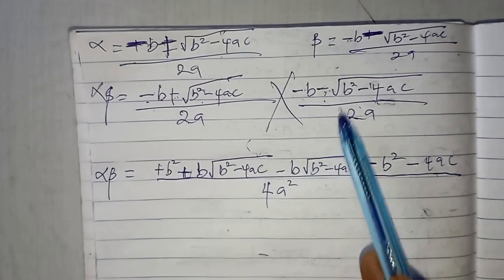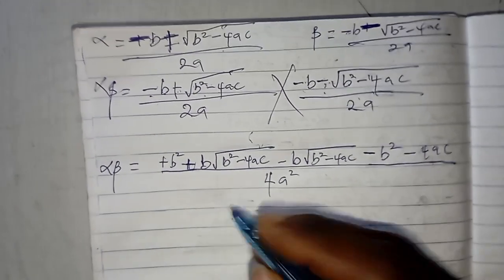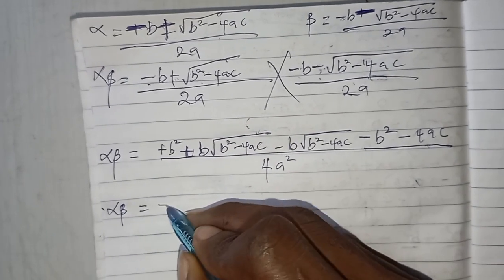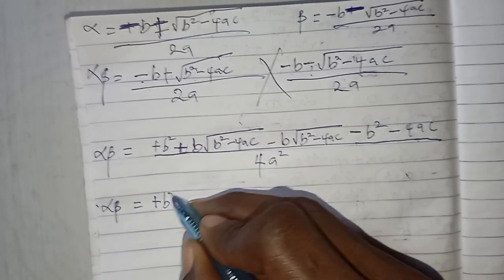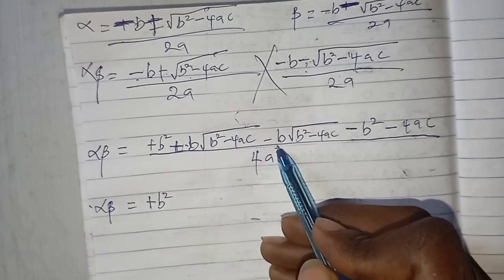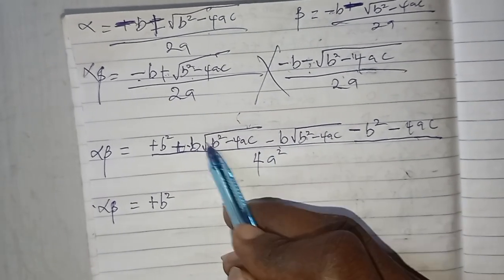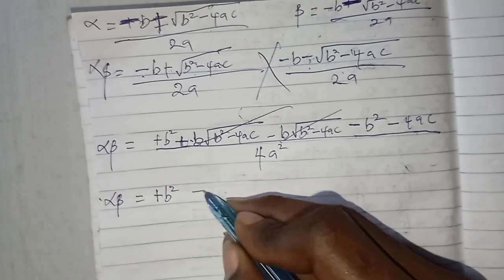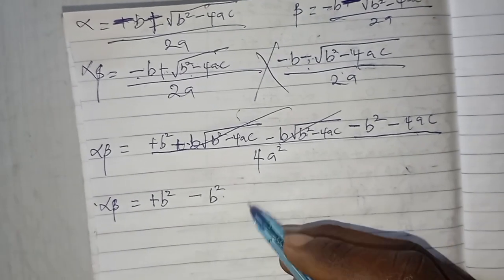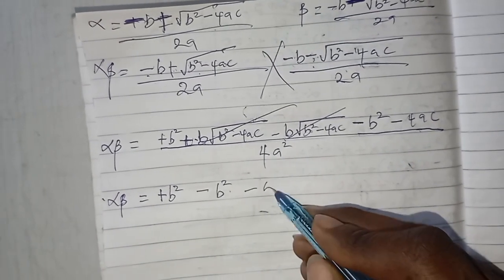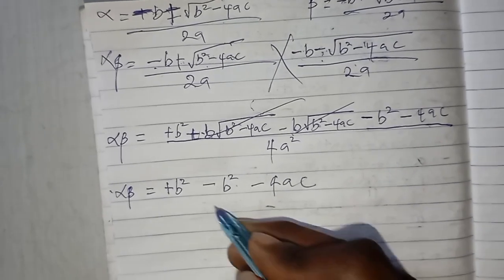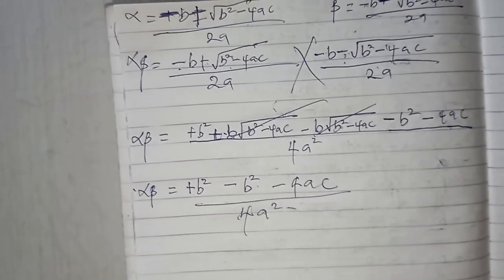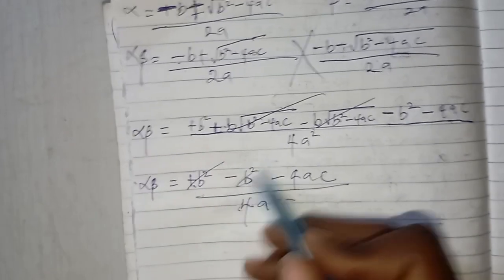So I will now have alpha beta is equal to plus b square plus minus everything here. These two things are the same, so get out. So I now have minus b square minus 4ac all over 4a square, plus minus get out.